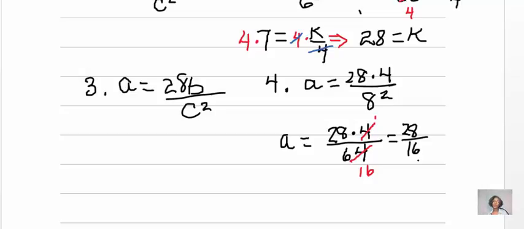And both of these numbers are divisible by 4. So 4 divides into 28, and 4 also divides evenly into 16.